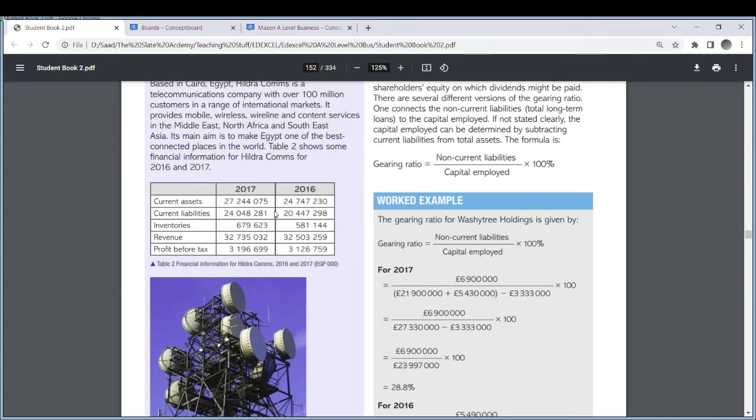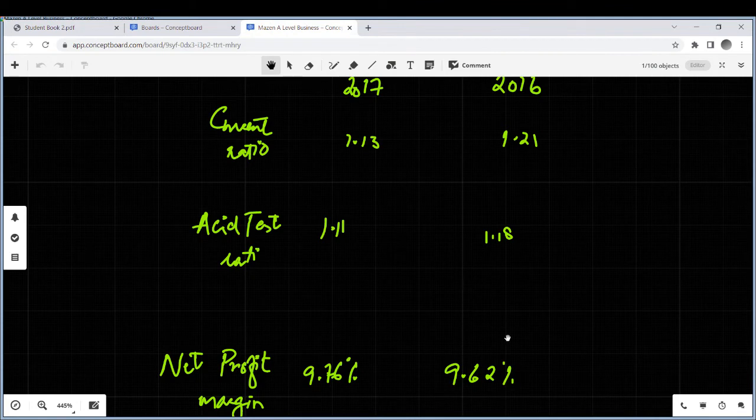Not only has their profitability ratio increased, their current ratio has declined. It matches with the increase in profitability. Why? Because in order to expand business, they have got more current liabilities. Okay, so that partly explains it, and their inventory levels have also increased. So this shows that they are going for growth, and that is also reflected in the increase in net profit margin.